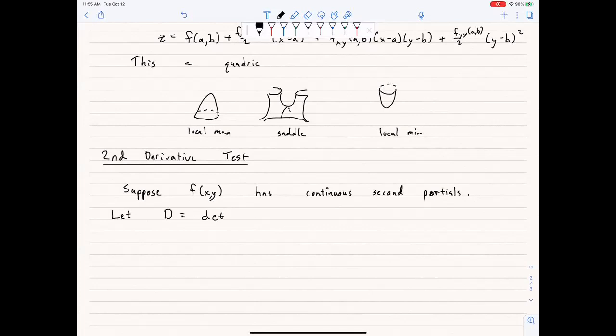We're going to take D to be the determinant of the Hessian at (a, b). And the formula you'll find in the book is you take the second partial of f with respect to x, times the second partial of f with respect to y, and you subtract the square of the mixed partial.